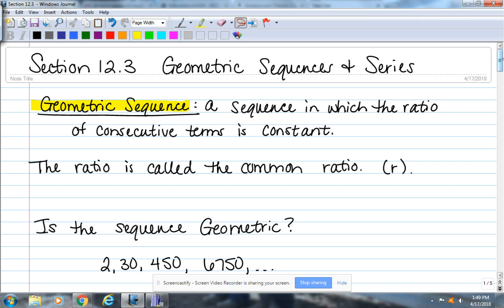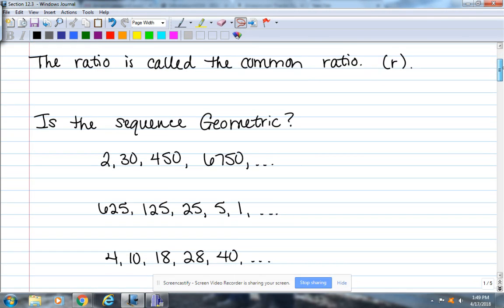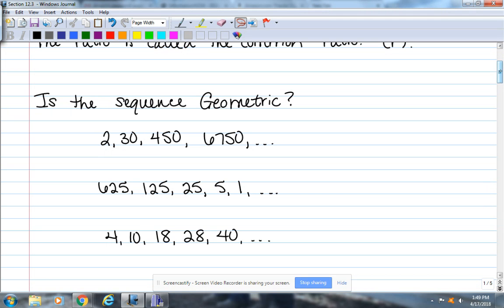So these first few that you have, and this is like the very first few on your homework today, gives you a sequence, and they ask you, is it a geometric sequence? Now, it's a geometric sequence if you multiply or divide by the same number every time. So what you want to do is take the second term and divide it by the first term.